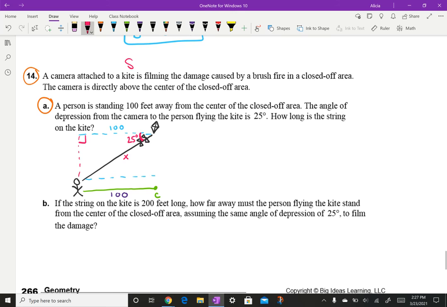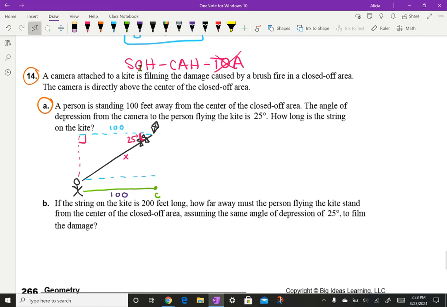So again, thinking about SOHCAHTOA, I'm looking at my angle here, right? My angle is 25. I'm trying to find the hypotenuse. So it's definitely not going to be TOA, or tangent, because we need the hypotenuse. Okay, so let's see if the leg that we have is either the adjacent or the opposite.